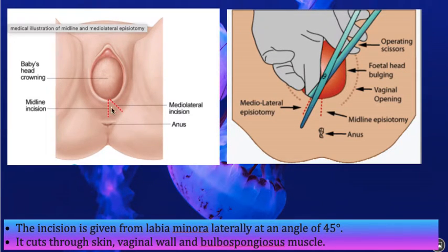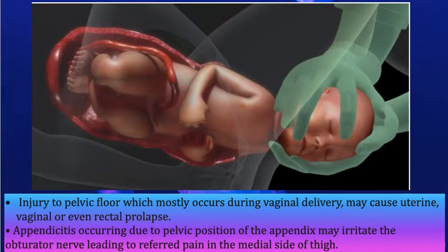The incision is given in the labia minora at an angle of 45 degrees, cutting through the skin, the vaginal wall, and the bulbospongiosus muscle.